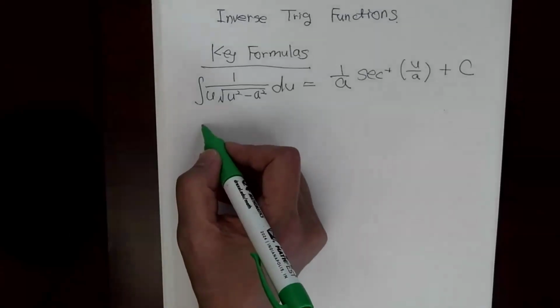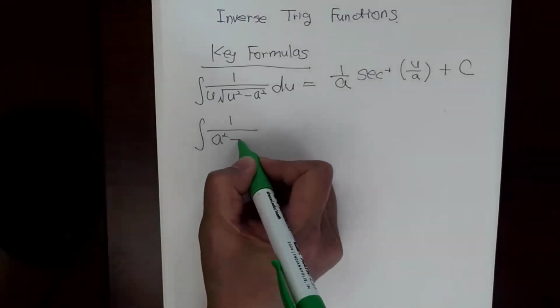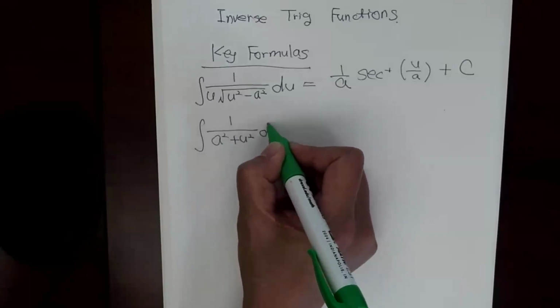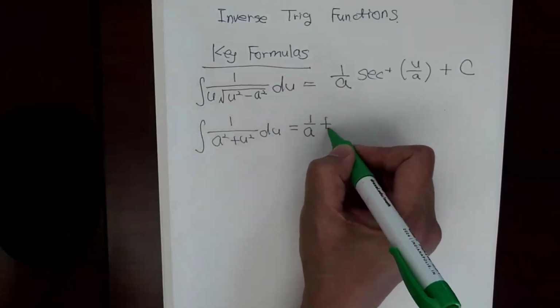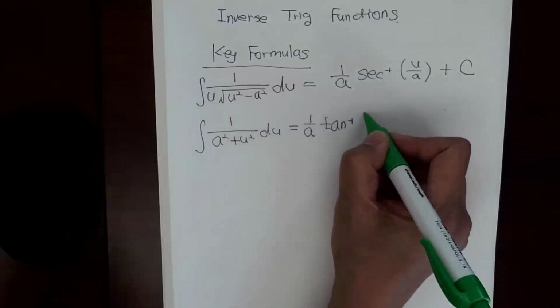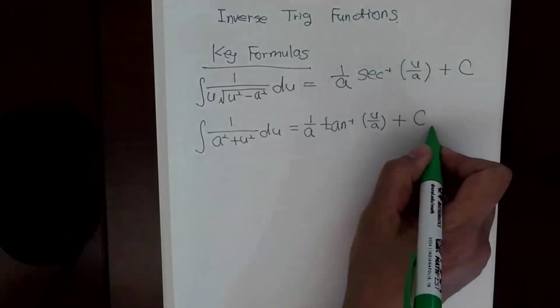Integration 1 over a squared plus u squared du. That is 1 over a tangent inverse of u over a plus c.